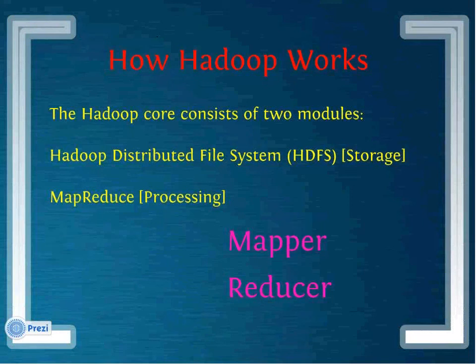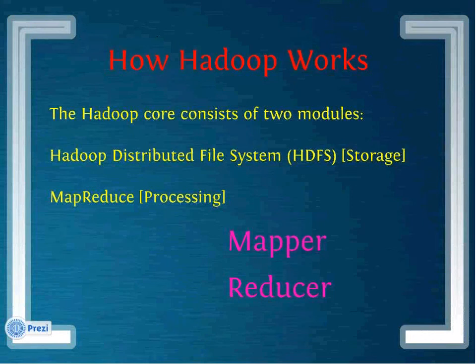So the first part of Hadoop, which deals with the storage part, is known as Hadoop Distributed File System. In short, you can simply call it HDFS. And the second part of Hadoop, which deals with the processing part, is known as MapReduce.